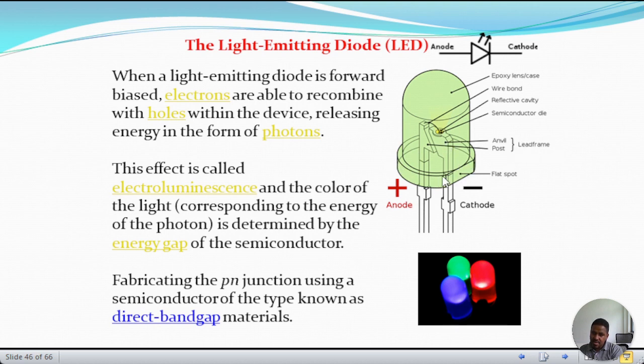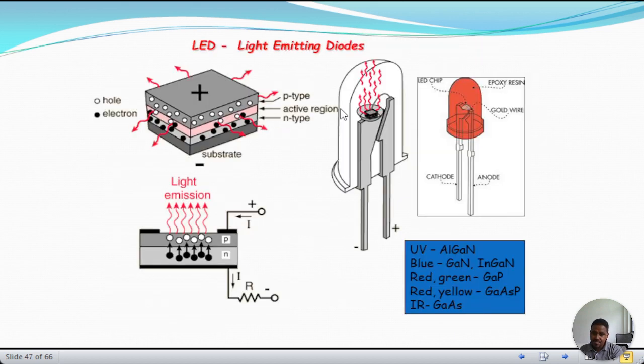The bottom side has a flat spot. This side is the cathode terminal, and this C-shaped side is the anode terminal. This is the structure of the LED's internal parts. It looks like this one.